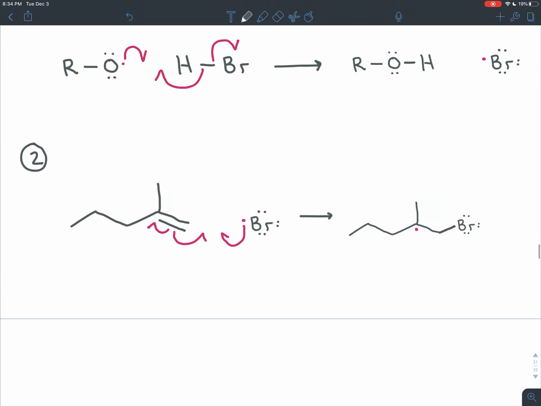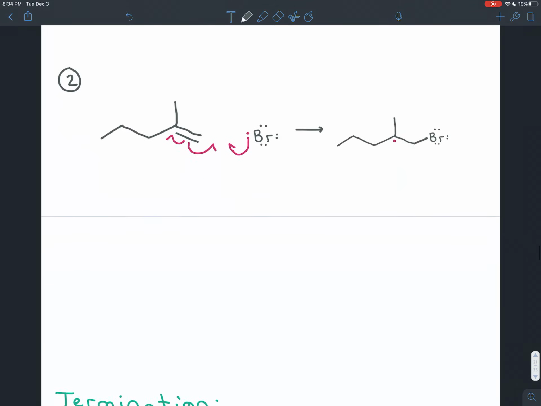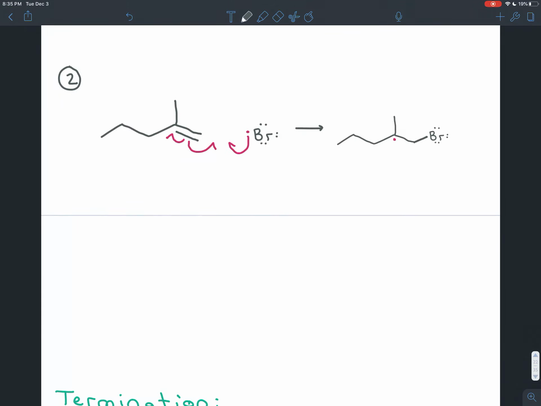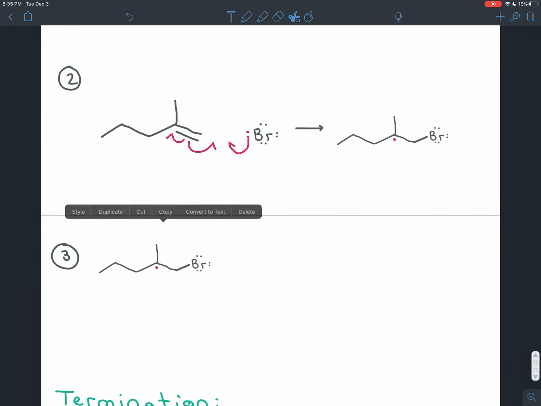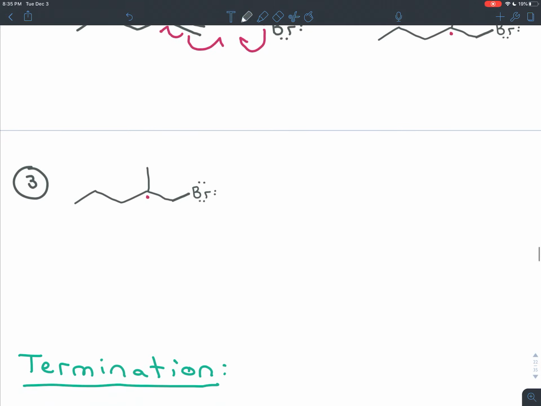In the third propagation step, this radical reacts with a second molecule of HBr. So you'd have that, you would have HBr, and this radical is going to rip that hydrogen off.